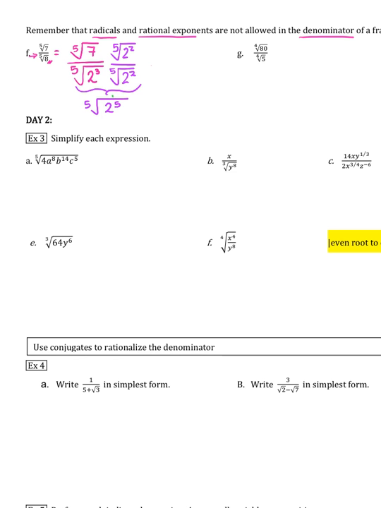That is going to let me cancel my radical. So in my final answer, I'm just going to have a 2 on the bottom, and on top I have the same root. So I have a 7 and I have a 4. So that's the 5th root of 28, and that would be your final answer.